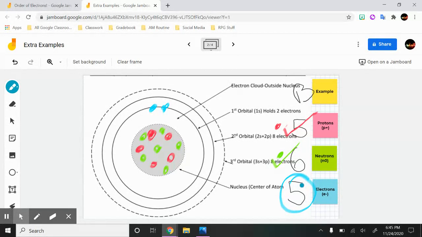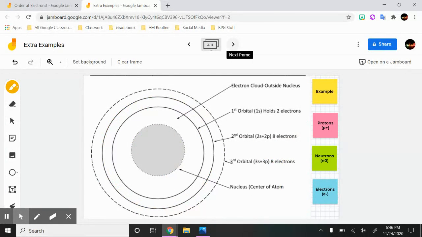We've already done 2, so our third one goes up, the fourth one goes down, and the fifth one goes left. And then we stop. Make sure you are on the second ring. One of the biggest mistakes I'm seeing is people mixing up the first and second ring. So when you draw your electrons in, the first 2 go on the first ring, the first orbital, and the next 8 go on the one after that.